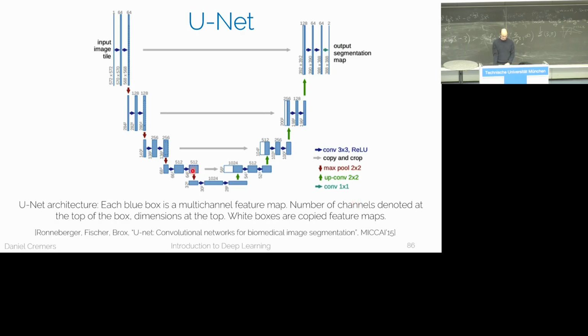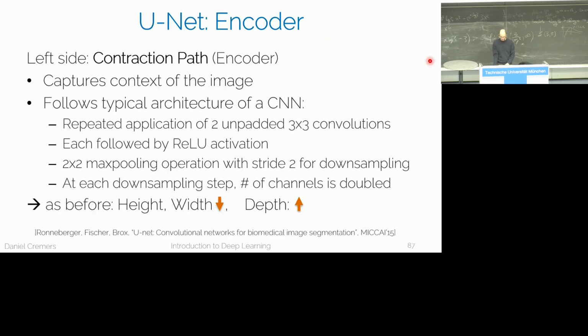And as you can see, there are two components. There is this left branch of the U-Net. This is called the encoder. And then the right branch of the U-Net is called the decoder. And so if we look at this left side, this encoder, it has what's called the contraction path or encoder path, where you lower the resolution with convolutions and max pooling, always 2 by 2 max pooling with a stride of 2 that downsamples the image.